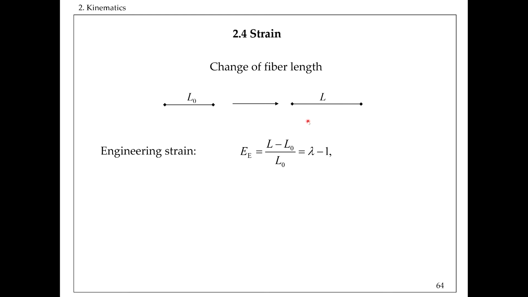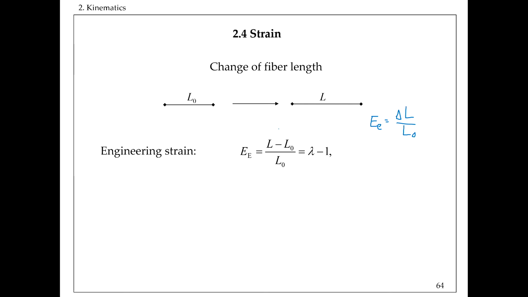Let's call it an engineering strain: delta L, the change in the length, divided by the initial length, right? And that's exactly what you have here.